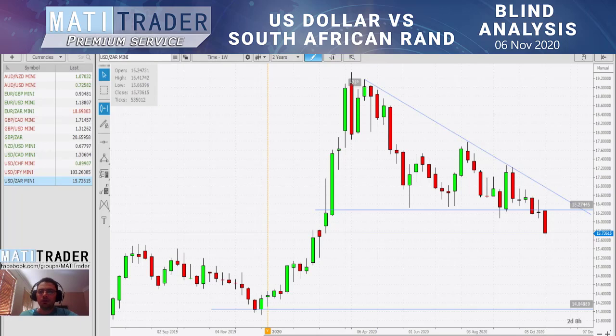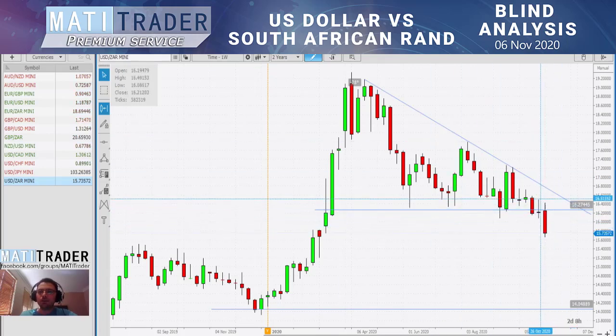The hypotenuse is showing that there are lower highs, and then it keeps bouncing on the same level at the low. So in this case, it's 16.27. And once it breaks below, it means that the selling is going to continue, the shorting is going to continue, the US dollar is going to drop, and the South African rand is going to strengthen.